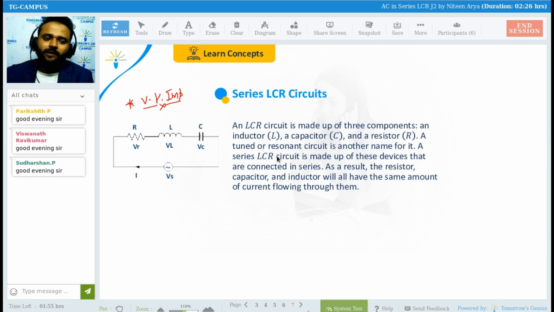So basically, an adapter is a very small thing. Whenever you charge any particular thing, there is an adapter, right? Without an adapter you cannot charge.